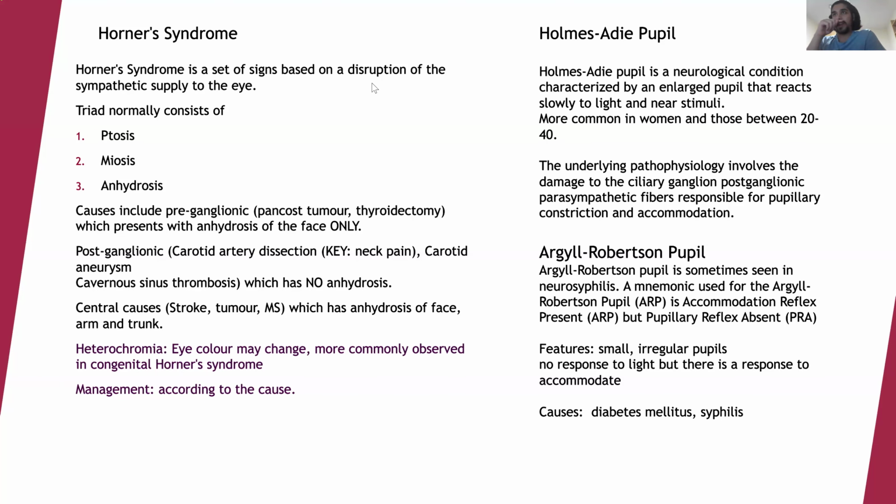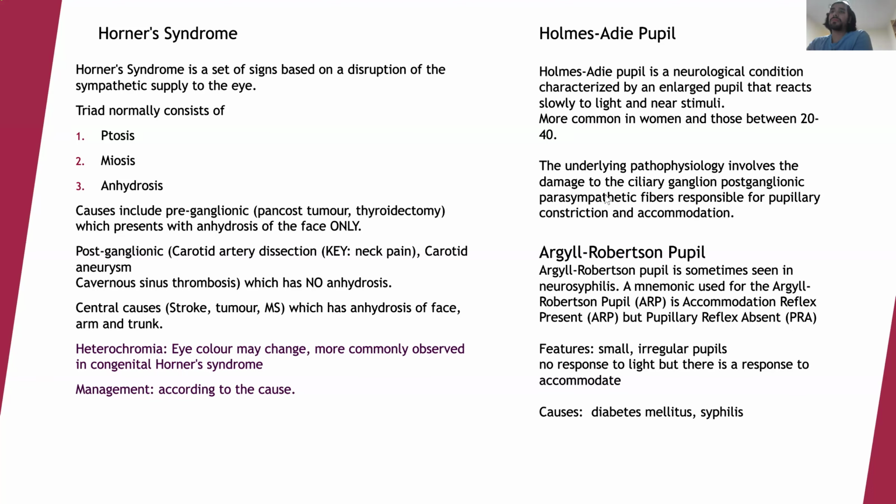It doesn't come up a lot, but it's damage to the ciliary ganglion, which is the postganglionic parasympathetic fibers that cause pupillary constriction and accommodation. It's also associated with absent ankle and knee jerk reflexes.